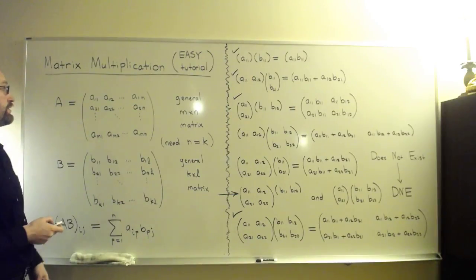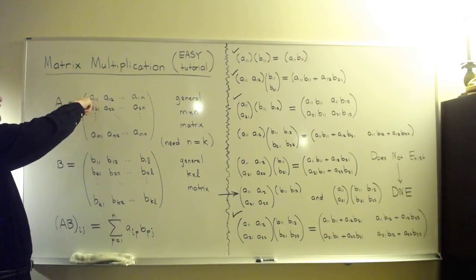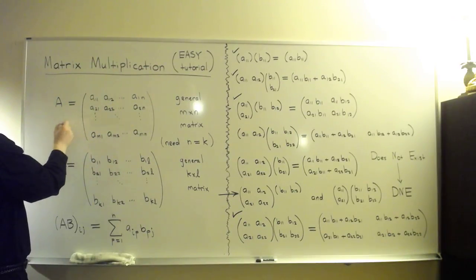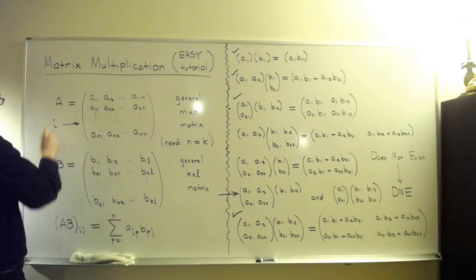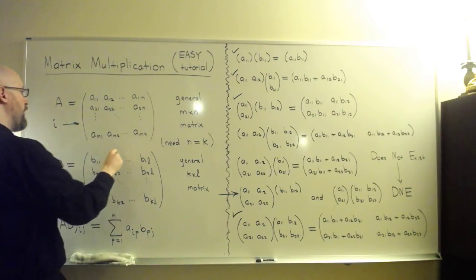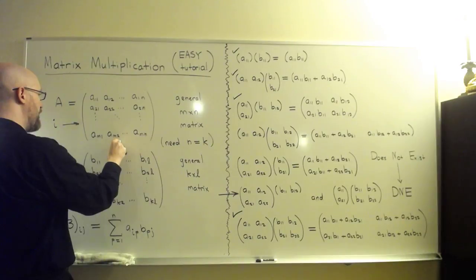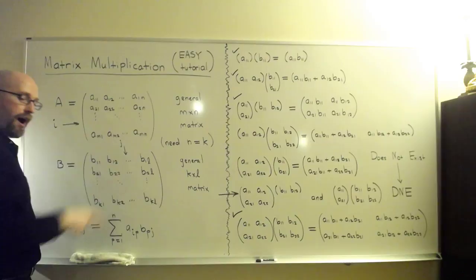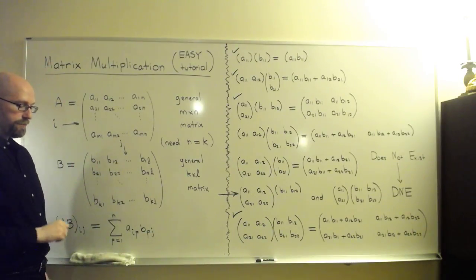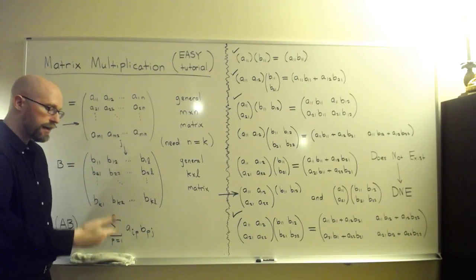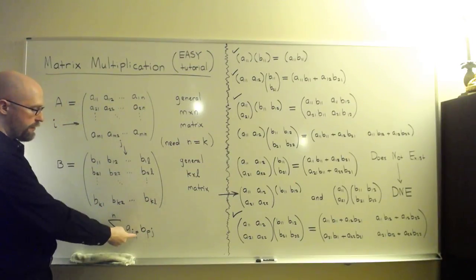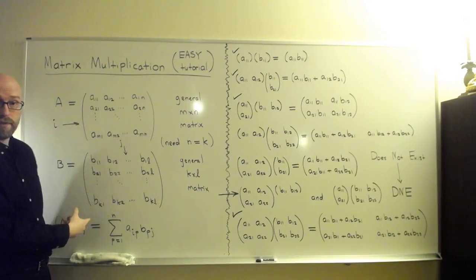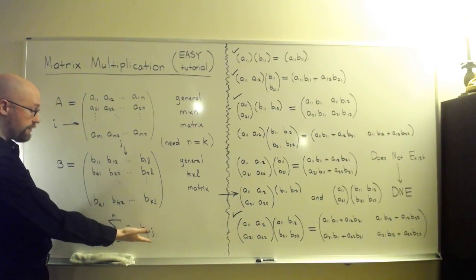And the reason why is because you're taking the first entry of whatever row you choose. I guess I'm taking row number I. So there's going to be some row number I in the first matrix, and then there's going to be some column number J in the second matrix. And I'm going to take that row number I, and for each entry, the first entry, the second entry, entry number 3, entry number 4, entry number P, as P counts up, starting at 1 and counting all the way up to N, I'm going to match them up.